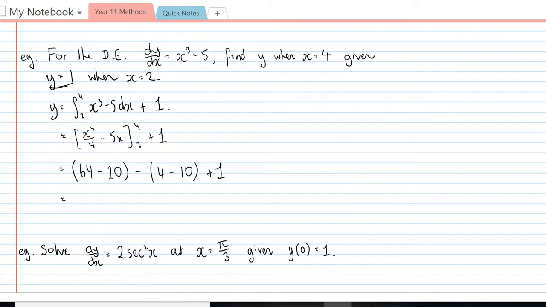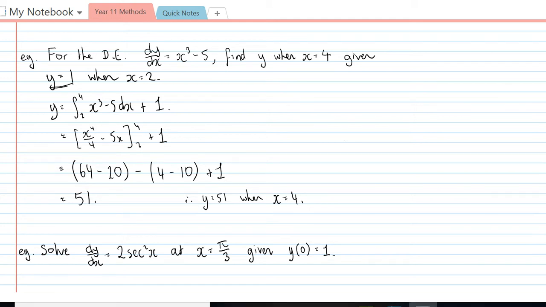So here we end up with 44 plus 6 plus 1, and so we get 51. I could summarize by saying therefore y equals 51 when x equals 4. That's quite a nice way to get to the solution.